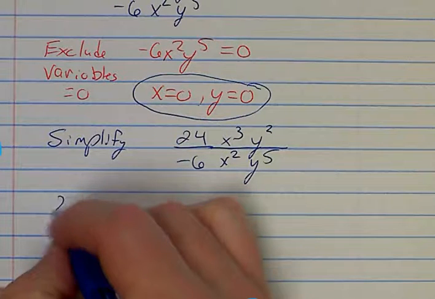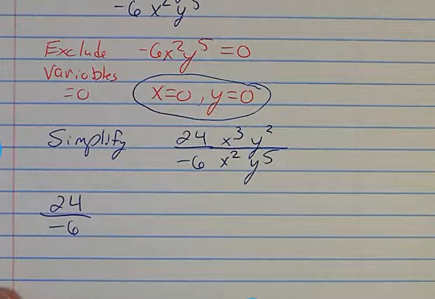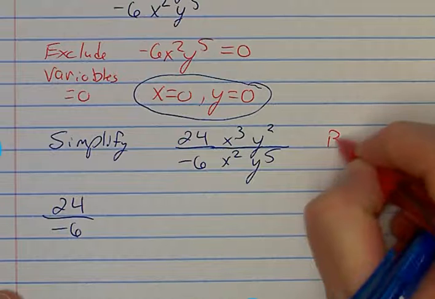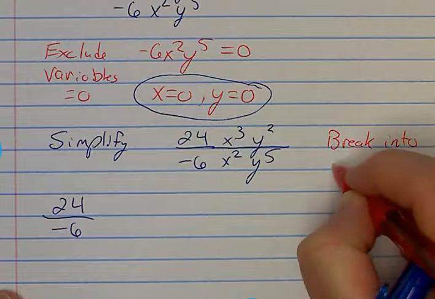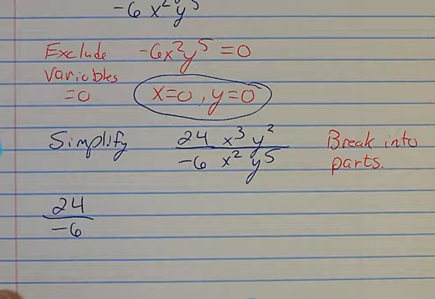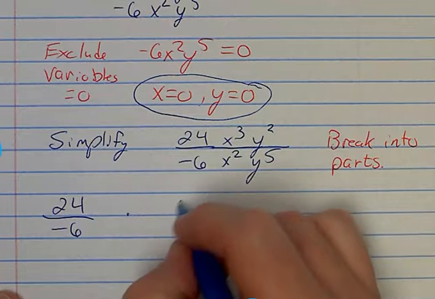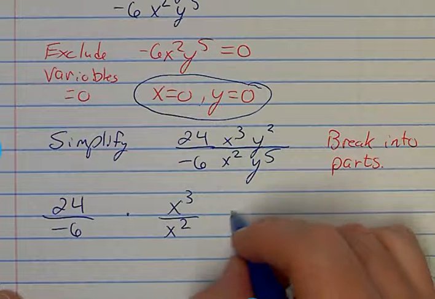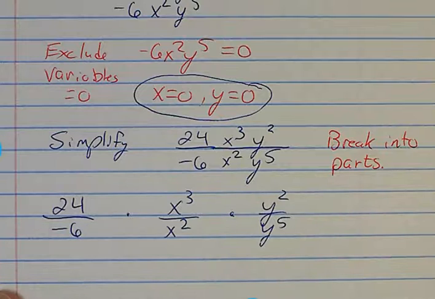So we're going to do this thing into parts. We're going to do 24 divided by -6. Then we're going to do just the x's, x to the 3rd divided by x squared. And then we're going to do just the y.